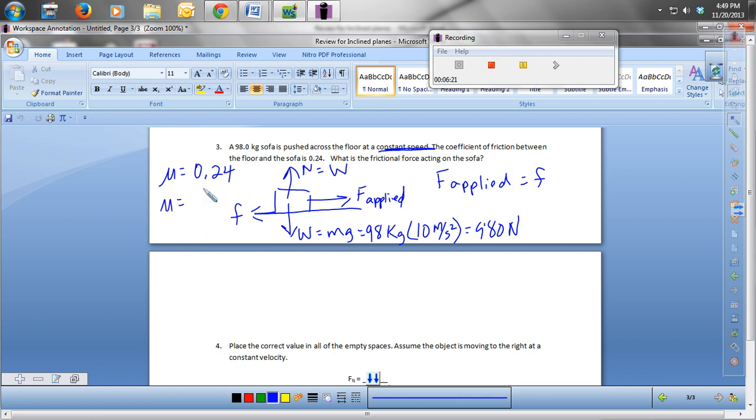So if mu is friction over normal, then mu times my normal should equal friction. Mu is 0.24. My normal is equal to my weight, 980 newtons. So I'm going to multiply 0.24 by 980 newtons to get my frictional force, and my frictional force is 235.2 newtons.